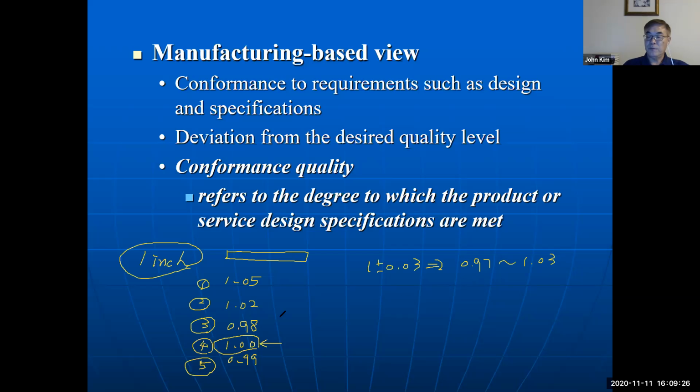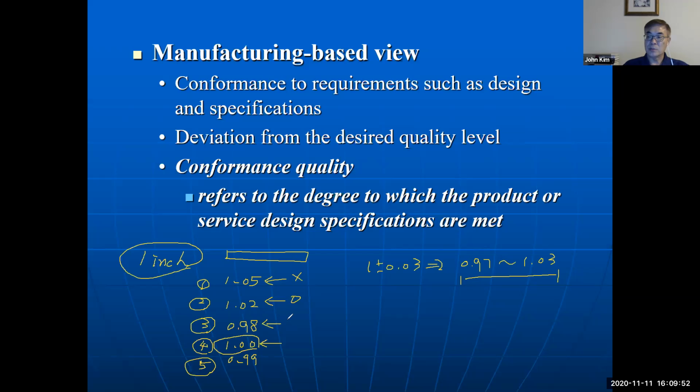So if they are inside of this limit, then we can say it is good. This one is out of range, so this is not good. And this one is inside of that specification, that is good.